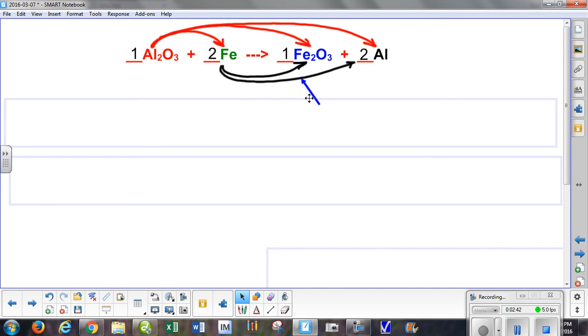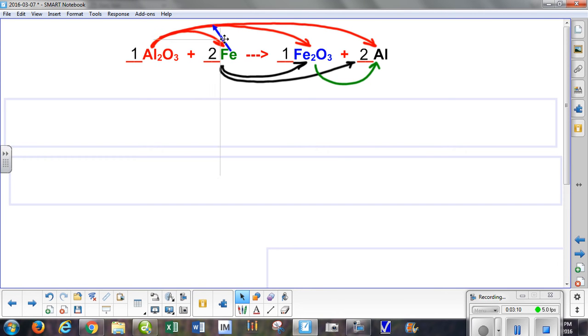And that's why we have these 2 black arrows. And the last arrow that we need for this reaction now connects iron oxide, iron 3 oxide here, to the aluminum. And now everything is connected to everything.